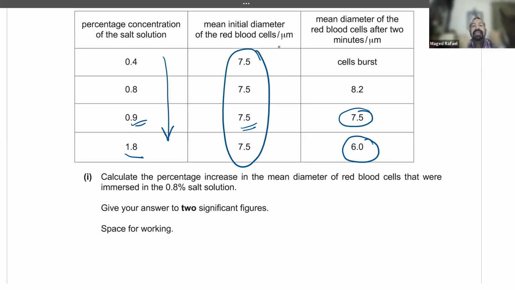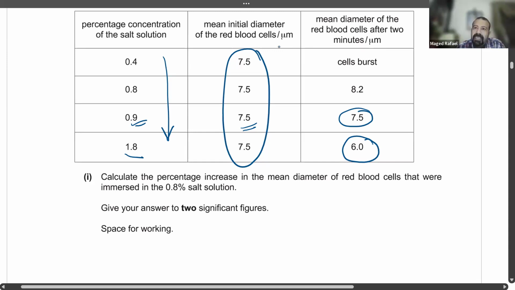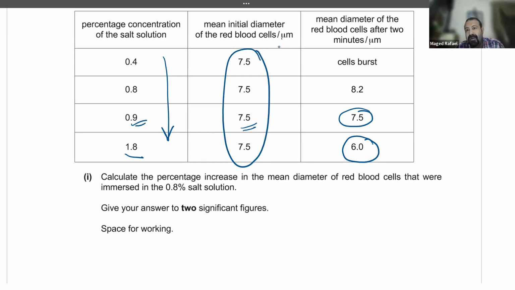You thought that as concentration increases, it should damage the cell membrane. No, it is a kind of relationship between the salt solution outside and the salt solution inside the cell.